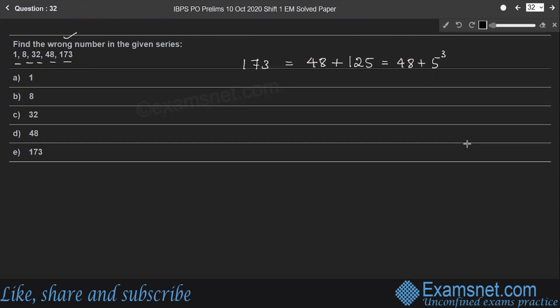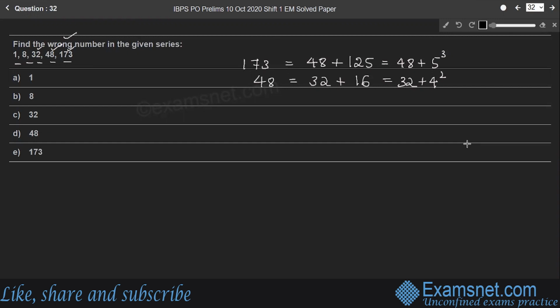Consider the last but one number, which is 48. 48 is obtained when its previous number 32 is added to a number. When 32 is added to 16, here 16 is nothing but the square of 4.